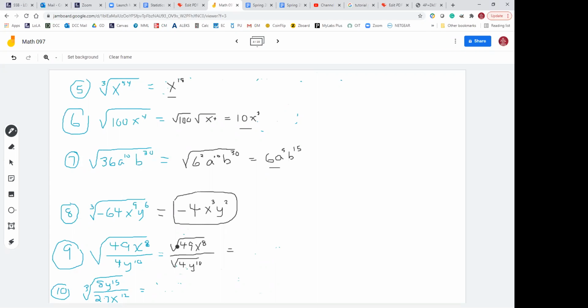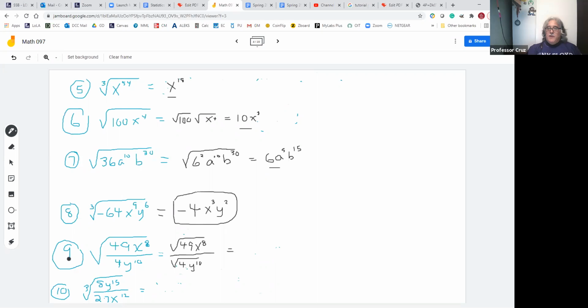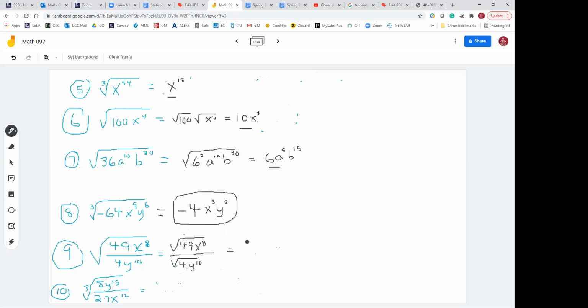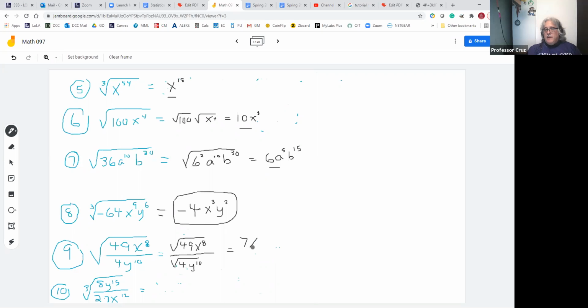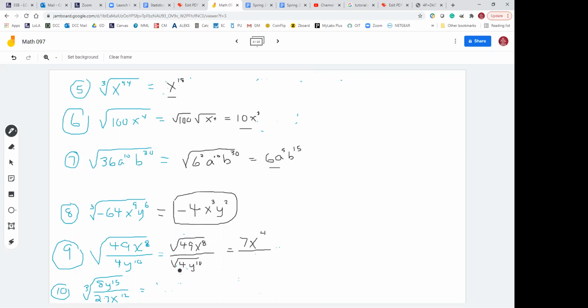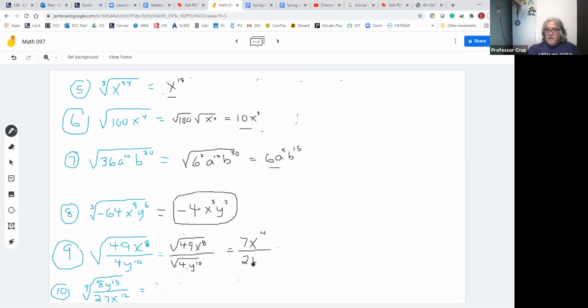So 7x to the 4th. Okay, you're talking about number 9? Yes. 7x, yeah. 7 times 7 is 49. 2 goes into 8 4 times. And then 2y to the 5th. Right. And then again, if there's anything here that simplifies out, we do it. In this case, there's not.